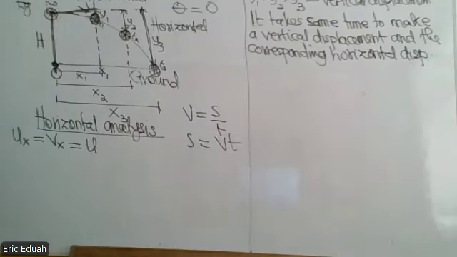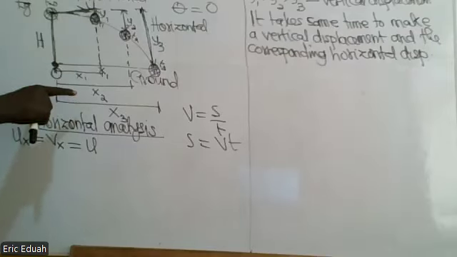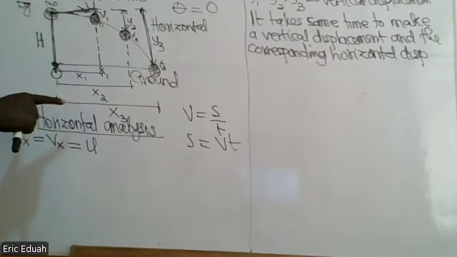Zero. That will be zero. Good. So if horizontal velocity is constant, and I want to calculate horizontal distance, it will be the product of the velocity and the time.